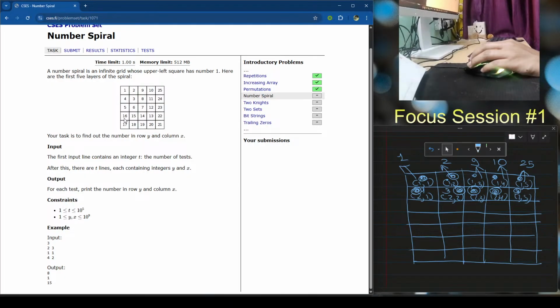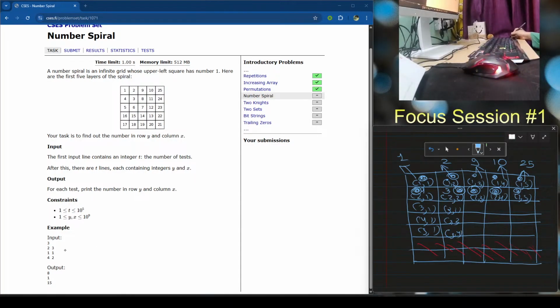Okay, then is there any way to find like 3, 4, 5? These are the extra rows which I don't need. So I'll just cancel this out because I don't need them. Okay, so this is 5 plus 1, 5 plus 2, 5, 3, 5, 4.